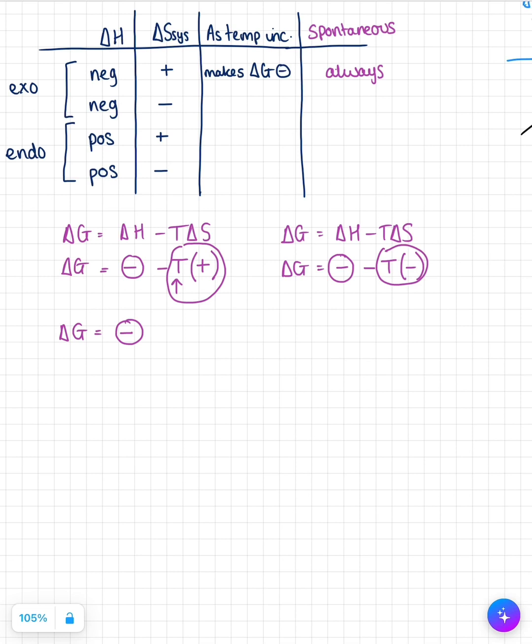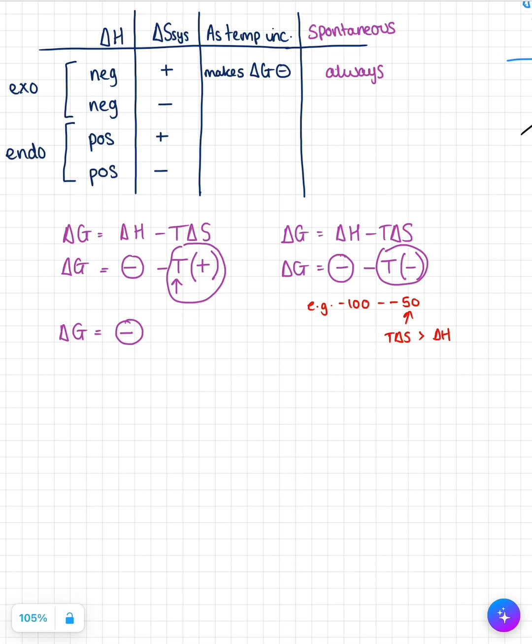Let's just make up some numbers. If you've got minus 100 and you're minusing minus 50, what we've got is T delta S is actually less than our delta H. I should say more than because of the signs. So that makes delta G negative.